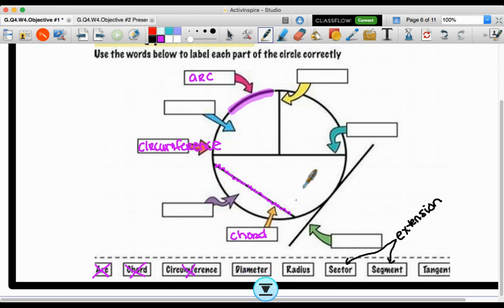What about the diameter? Oh, this is pointing to the diameter. The radius, right here, we're looking at the radius. So the radius is just going to be this portion.